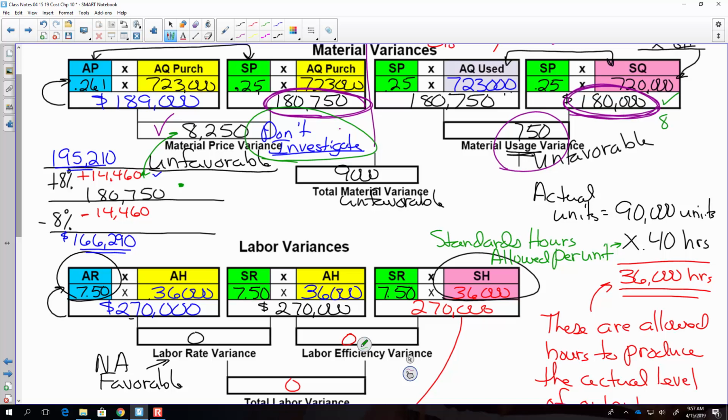What's 8% of 180,000? 14,400. So again, the 750 is so small compared to the 14,400, we won't investigate this variance either. So both are within the acceptable range of variance amounts.